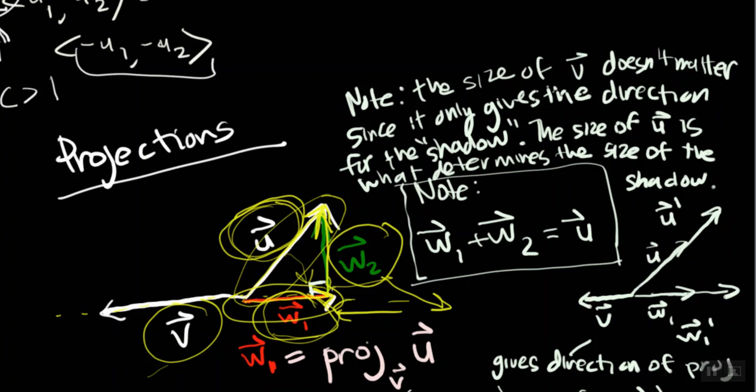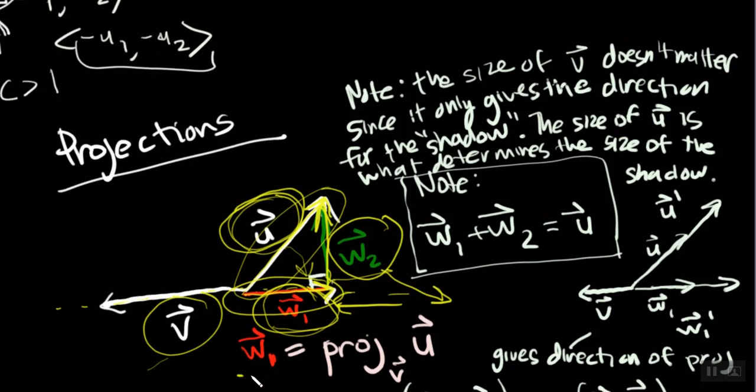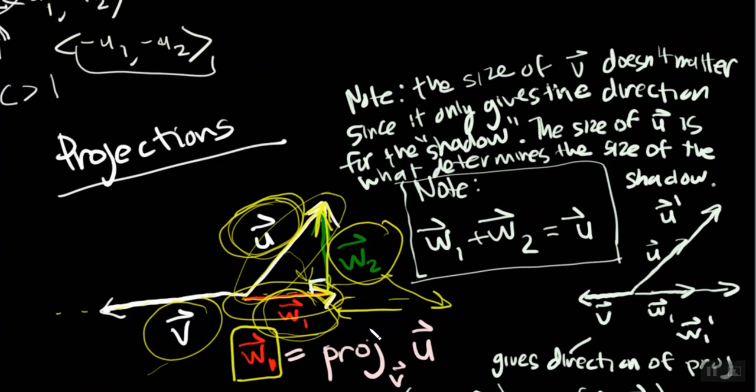Now, before we continue, let's actually have proper notation for this. So W1, which I dubbed the shadow, is equal to the projection of the vector u over the vector v. So that basically means the projection, or kind of like the shadow of u, projected onto the floor created by vector v. So that's a nice way to think about it.